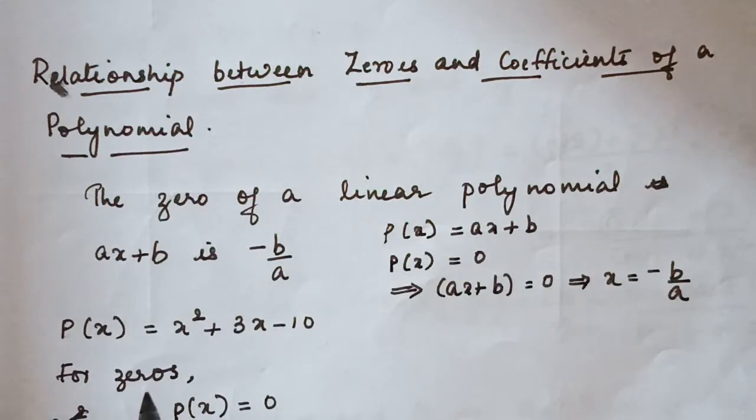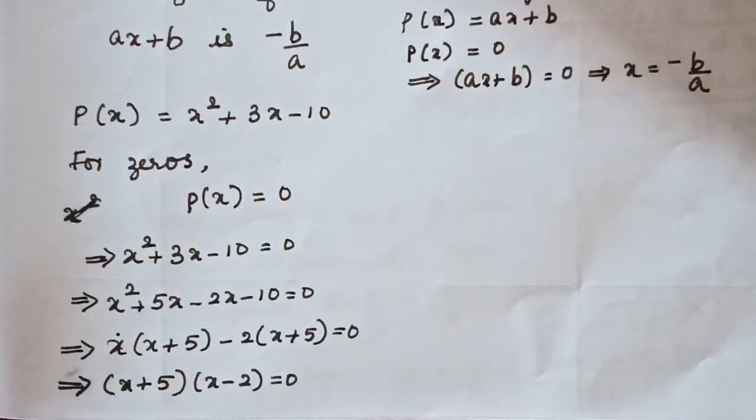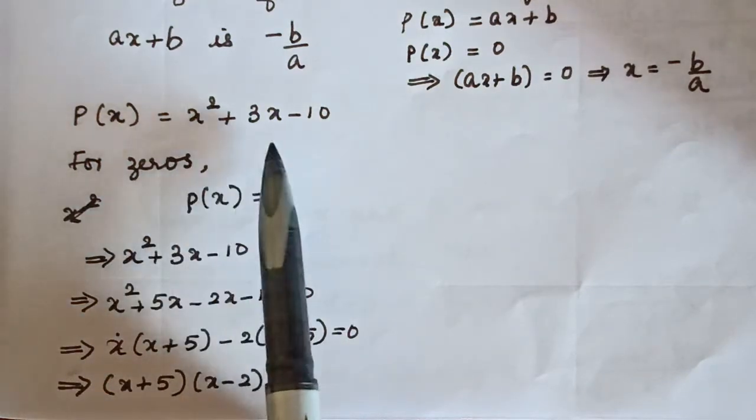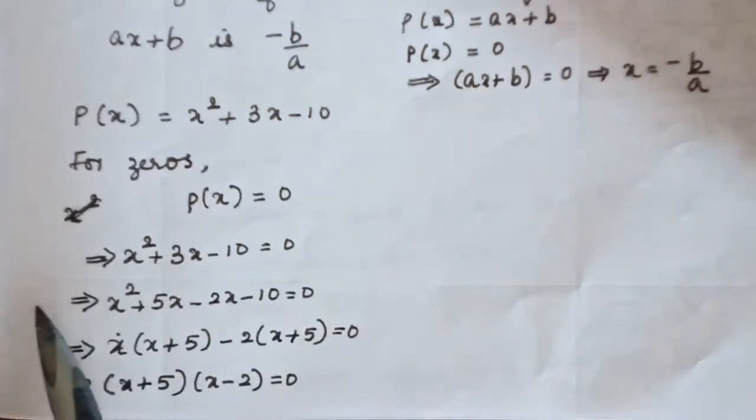Now we will see whether we can find out any relationship between zeros and coefficients of a quadratic polynomial. Now let us consider this polynomial x squared plus 3x minus 10.